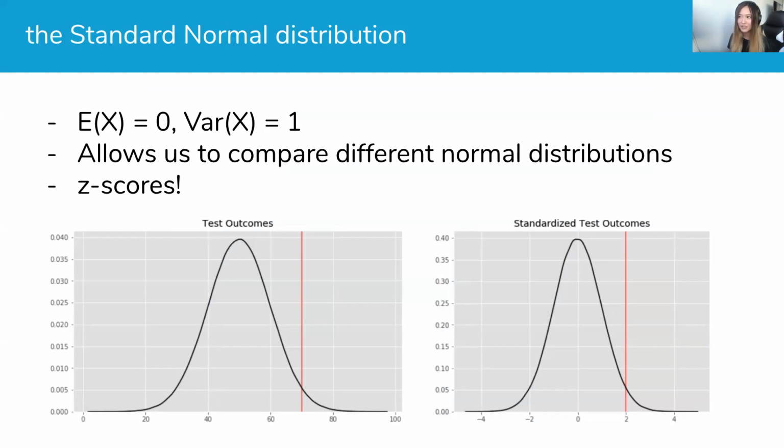We have it so that we can compare different normal distributions and also obtain z-scores. What's really cool is you can take any existing normal distribution, no matter what mean and standard deviation it has, and convert it to a standard normal distribution. I'll talk about the conversion in the next slide. But any questions about the idea of a standard normal distribution?